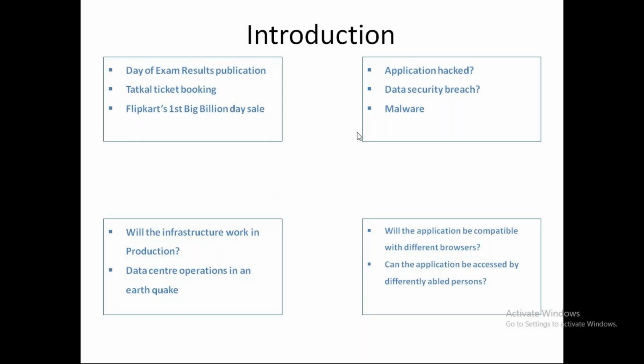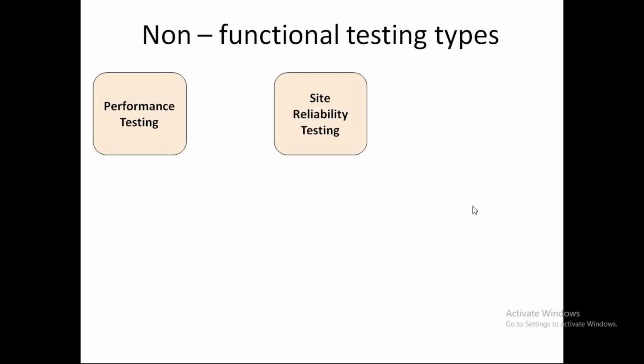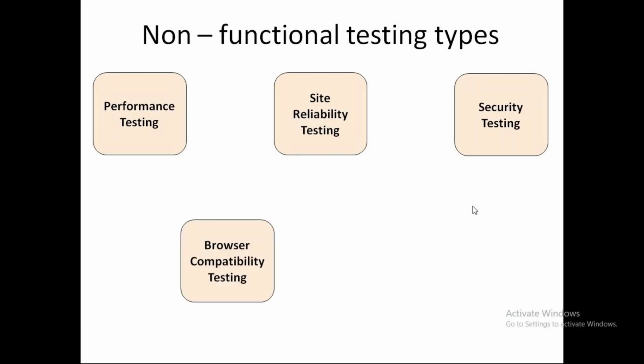So all these points which I am trying to highlight, they belong to different types of testing. But the question to you, whether they are functional testing? No, they are not functional testing. Rather, they are non-functional testing. So the different types of non-functional testing are performance testing, site reliability testing, security testing, browser compatibility testing, and accessibility testing.